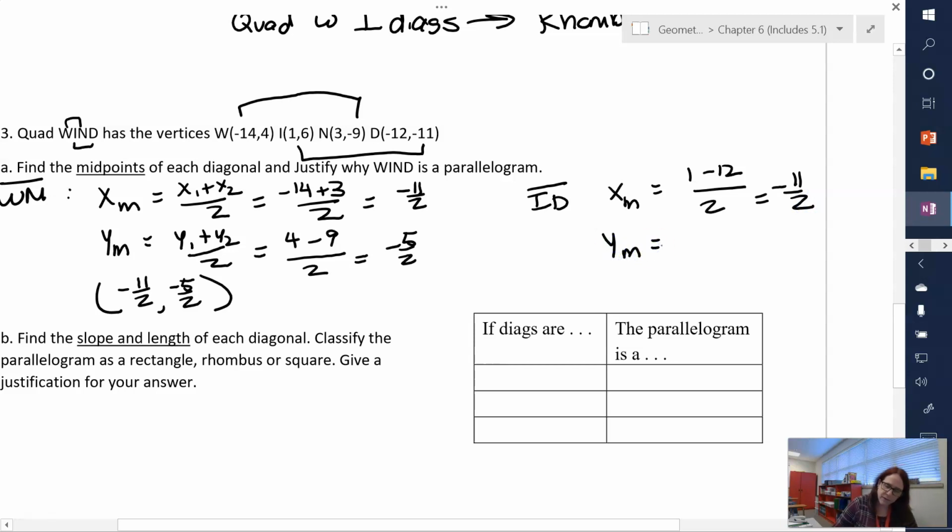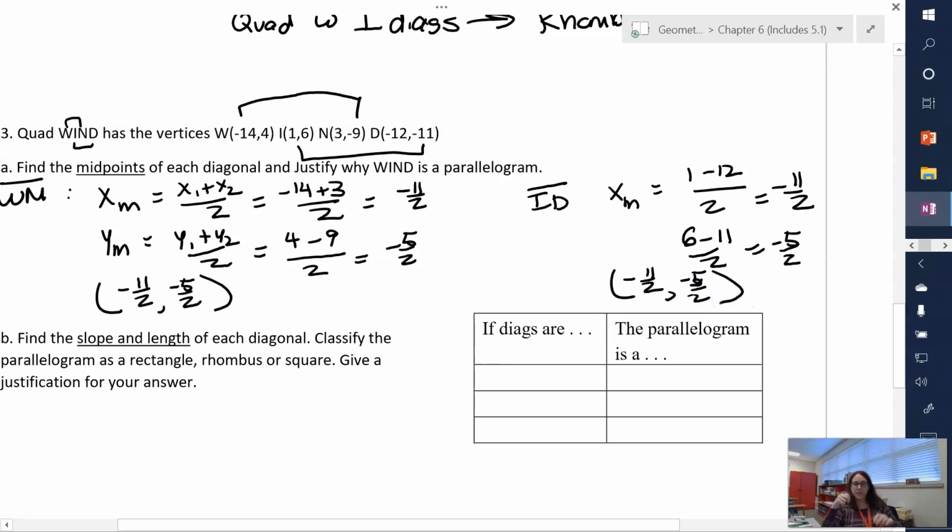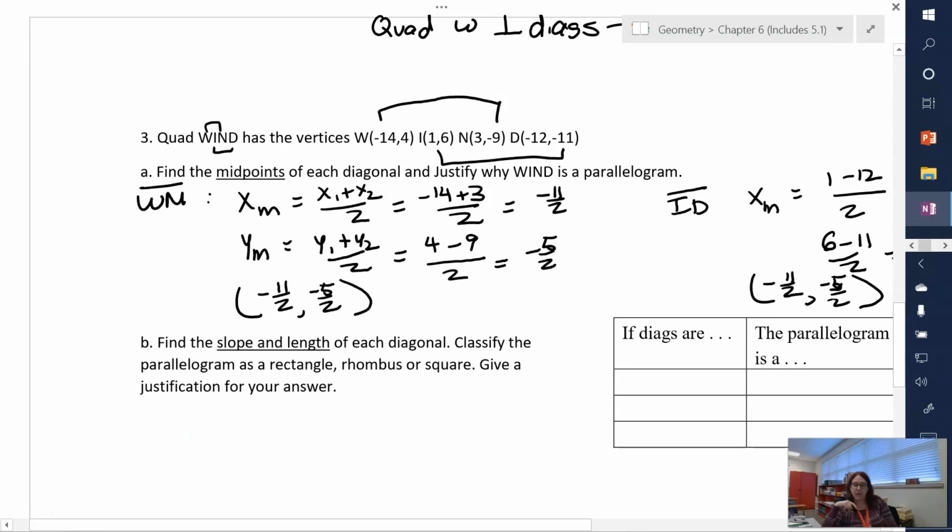And the y-coordinate of the midpoint, let's do y1 plus y2 over 2, 6 and negative 11, gives me negative 5 over 2. So I have negative 11 over 2, negative 5 over 2. So what this means is that those two diagonals bisect each other because the midpoint of each diagonal is in the same place. So that means I have a parallelogram.